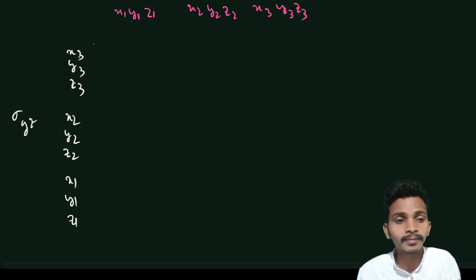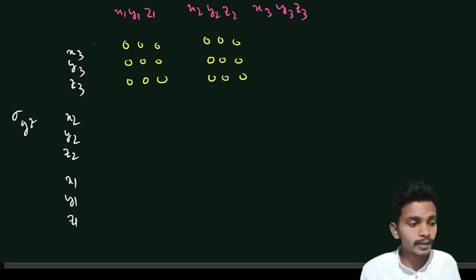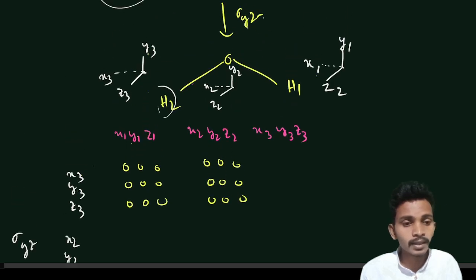Now here x1, so this is x3 y3 z3, so this is 0 0 0 0 0 0. Okay, here also x3, not x2 y2, so this again is 0 0 0 0. Okay, now this x3 y3 and z3, one thing I say is that this and this remain as they are, and x3 has changed, so this becomes negative.